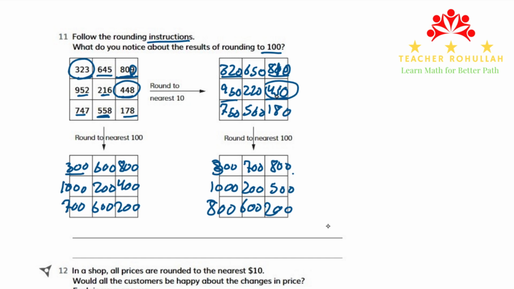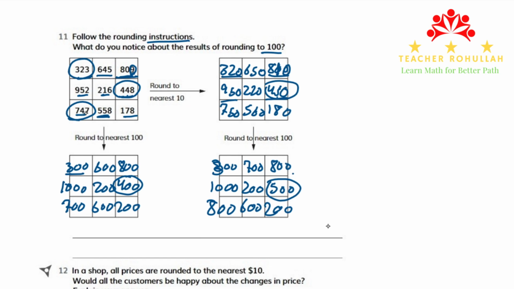And when we round this number to the nearest 100, the value that we get is more than the number when it is directly rounded to the nearest 100. So when directly rounded, we get 400. And when we round the rounded number, we get 500. The same way, 747.